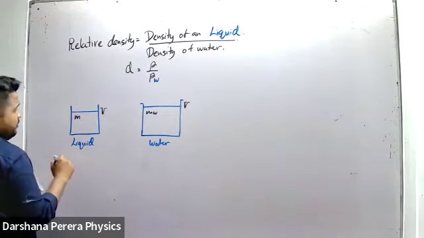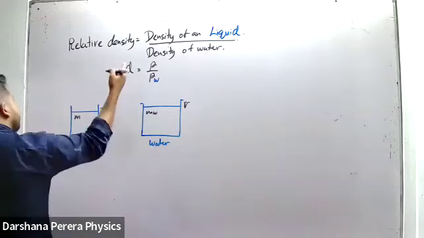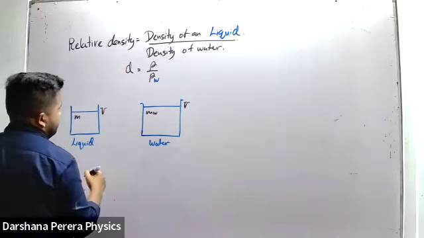Okay. Therefore, D equals what? Rho over rho W.